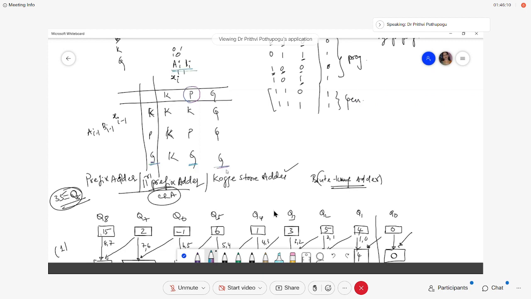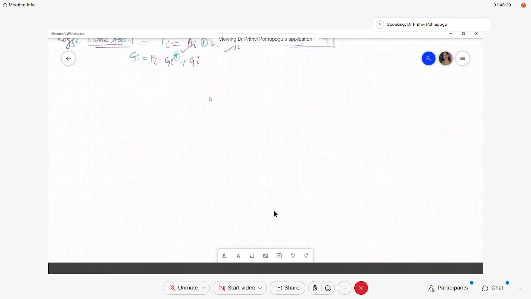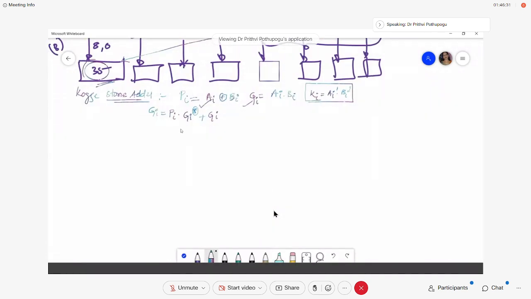So ultimately, the present generate value is equal to the propagation of the previous stage and the generation of the present stage, both mixed together. That is the equation we are getting here. And what is the propagate value of the present stage? P of i. P of i star means the previous stage propagated value.